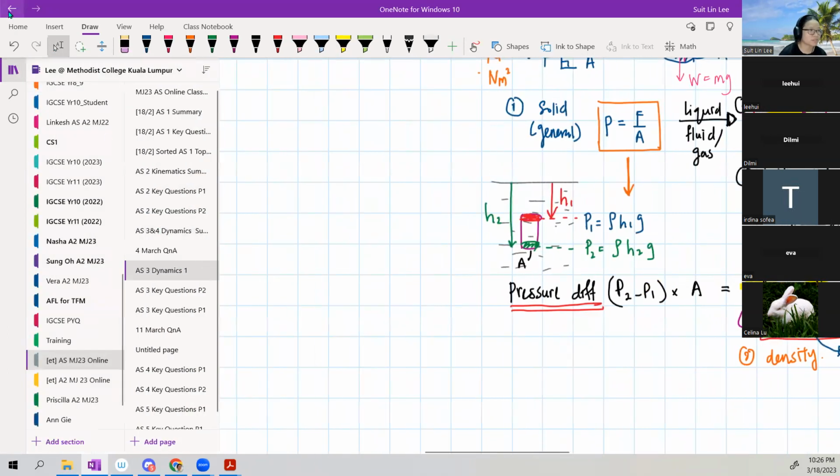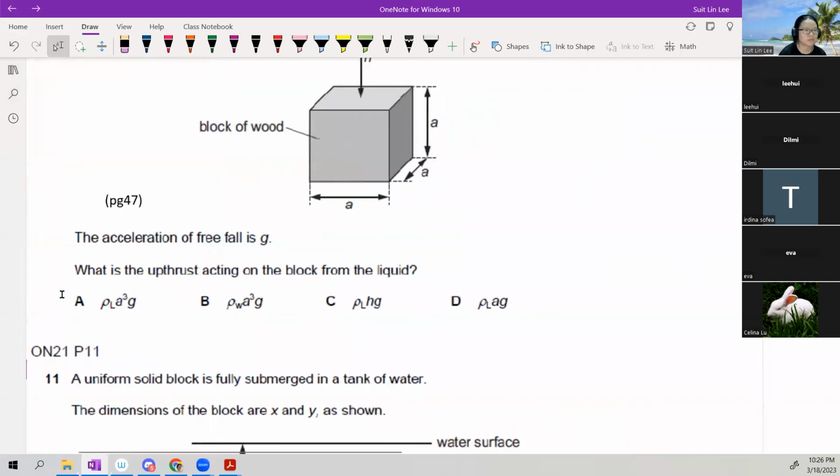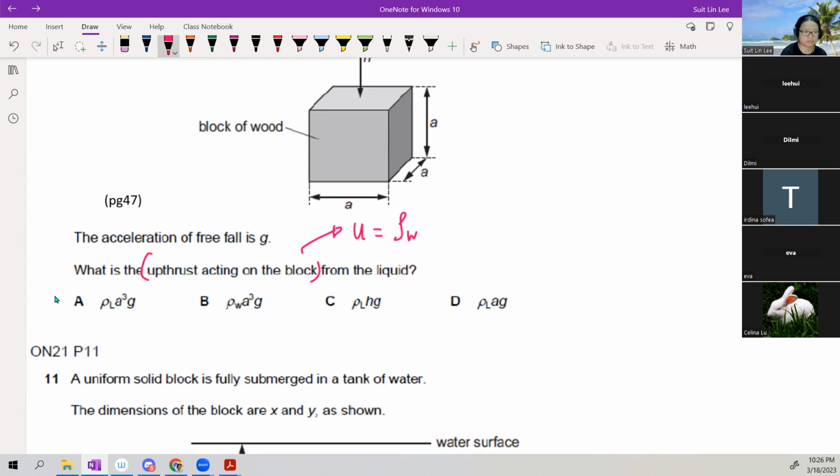So if you go back to the question just now, if I want to find the upthrust acting on the block, this upthrust will be equal to density of water, volume of the water displaced, gravity. But the volume of the water displaced, because this is fully submerged, is actually a to the power of 3.